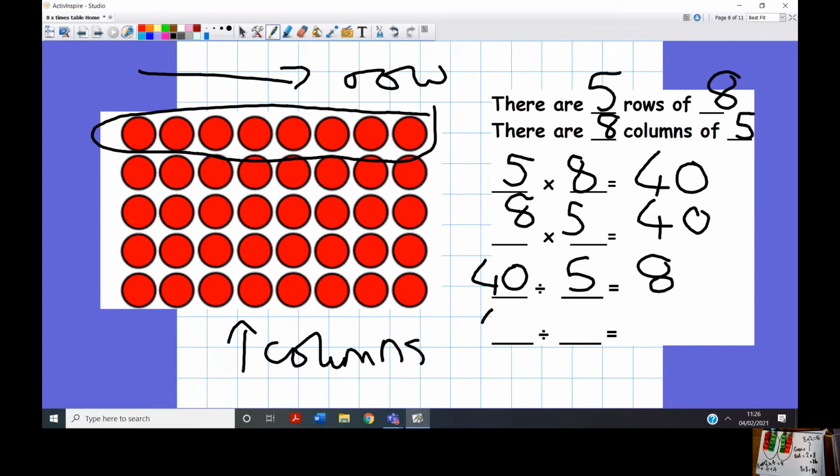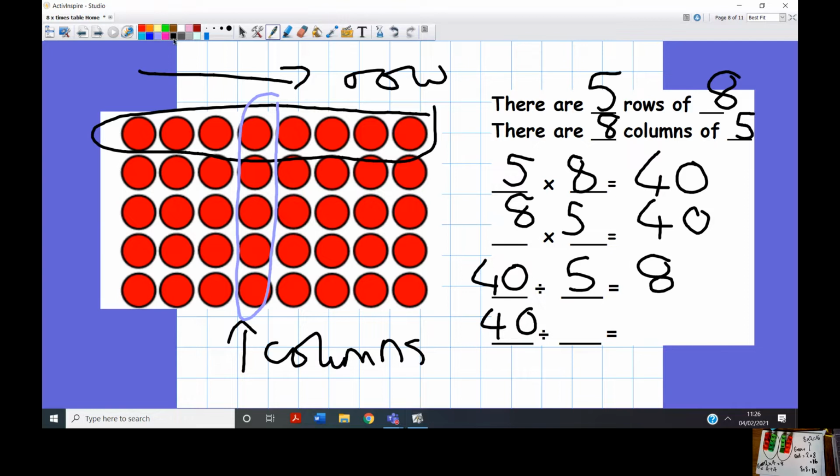Then I am also going to be able to do this. Let me just get another colour so it shows it. I have here 8 columns, which we can say is 8 groups, and in each group I have 5.